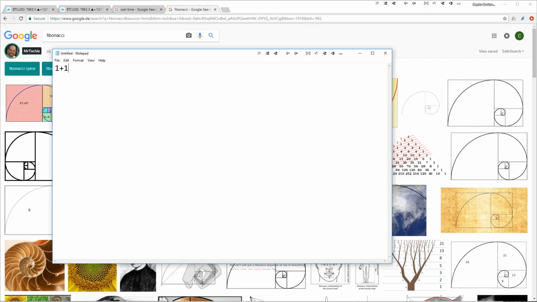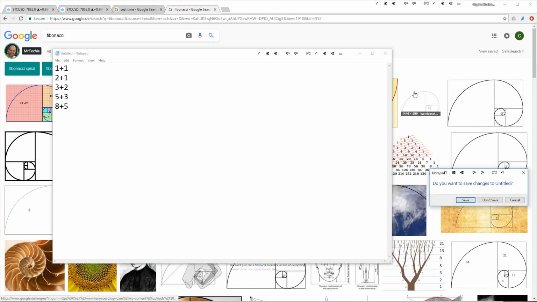That there is equal to 2, correct? And then you take the 2 and you add it to the previous number, which is equal to 3. 3 plus the previous number of 2 equals 5. 5 plus 3 equals 8. 8 plus 5 equals 13, etc., etc. And you keep on going down like this.